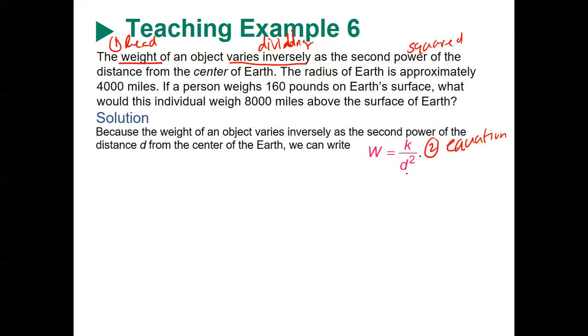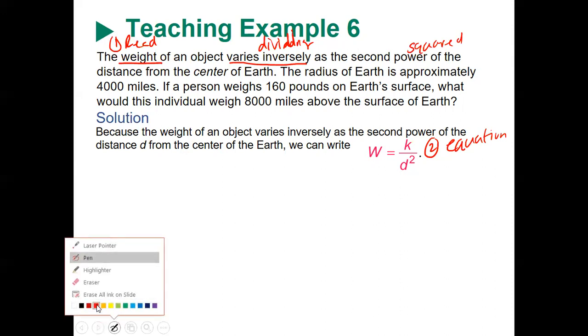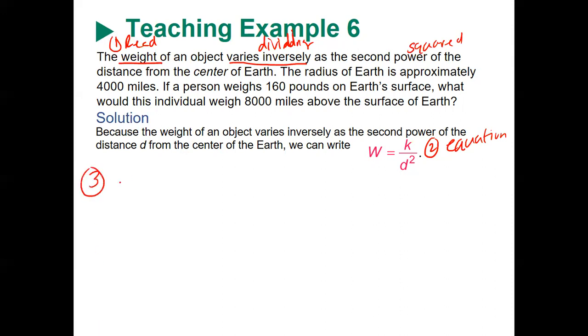Step 3 is to identify the values that are given to us in the problem. So what values are given to us in the problem? We're given our W and our distance. So we know that if someone weighs 160 pounds, the distance equals 4,000. It says 4,000 miles.